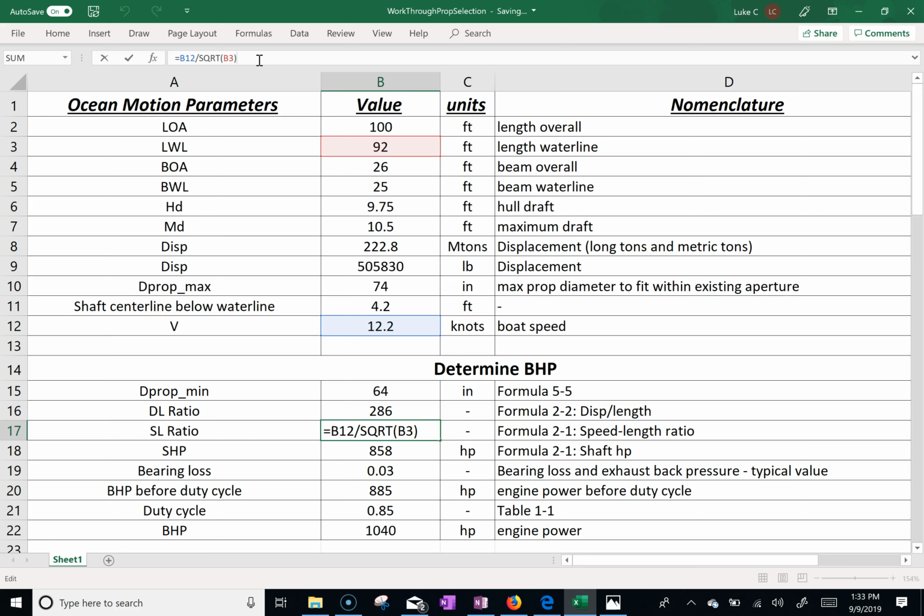So this SL ratio should be V12, which is our speed, knots, divided by the square root of WL. You write WL from the length water line? That would be correct. Length of the water line, yep. Everyone good?